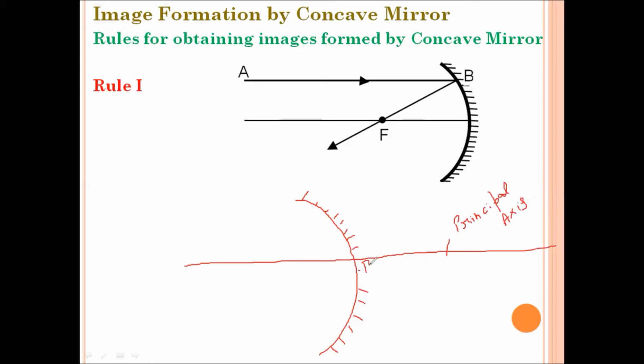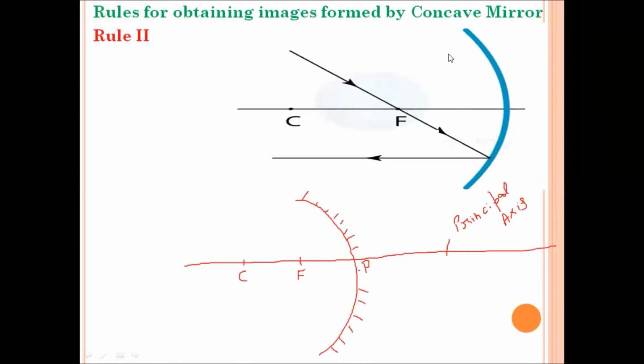This is pole, this is focus, and this is center of curvature. First rule states that if a ray falls parallel to the principal axis, then it will pass through the focus. Rule number 2, if any ray passes through the focus of a concave mirror, then it will go parallel to the principal axis.